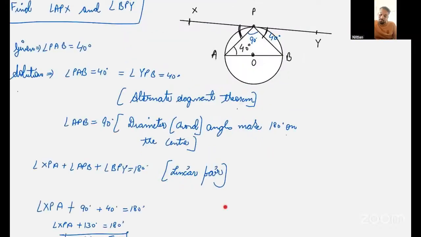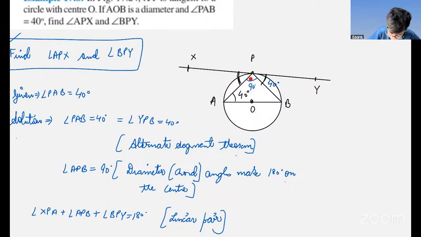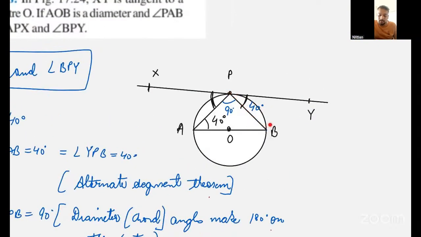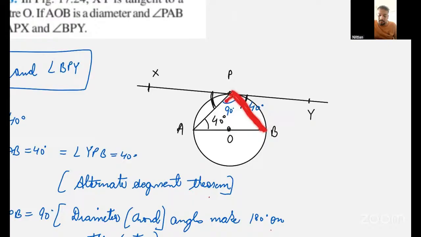Okay. See, we have this tangent. And we have this PB chord. The PB chord is there. And the same PB chord makes the angle on the circumference, this one.